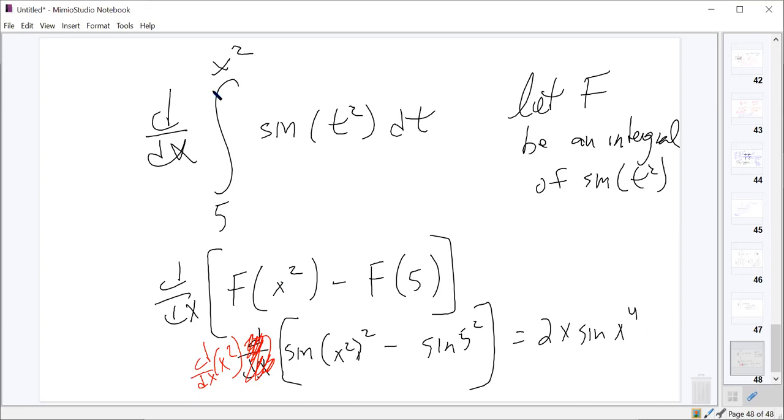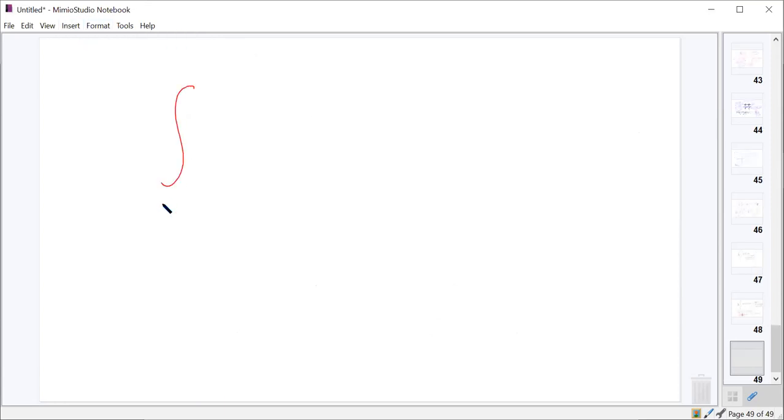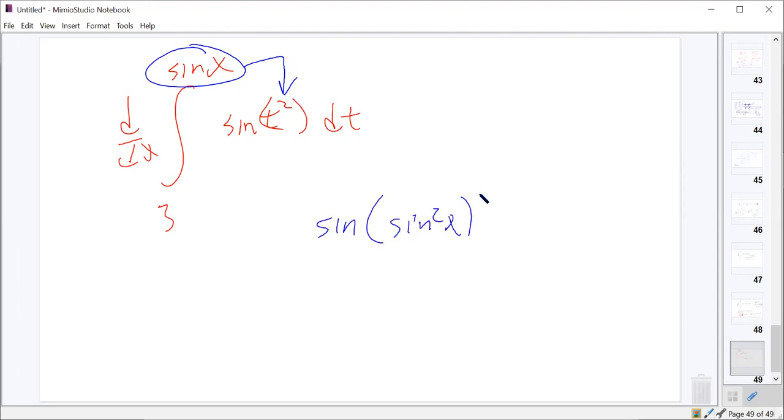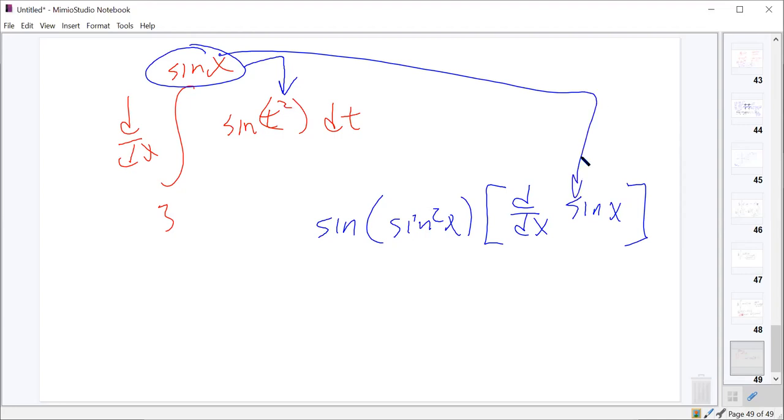So effectively, all you've got to do, and I'll make another one up here, the integral from 3 to sine x of sine of t squared dt, is take this sine x, replace the t with it, and then multiply by the derivative of this sine x, right?